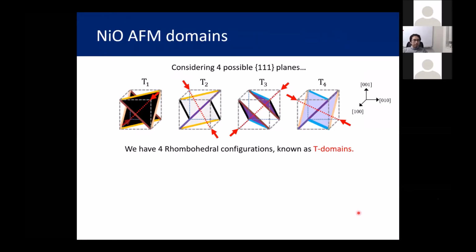Considering the cubic nature of nickel oxide, this rhombohedral contraction can happen in 4 possible 111 planes. Okay, this and this and this. Therefore, we have 4 possible configurations as shown here, and a domain formed by this broken crystalline symmetry and the magnetic easy plane is the so-called T domain.